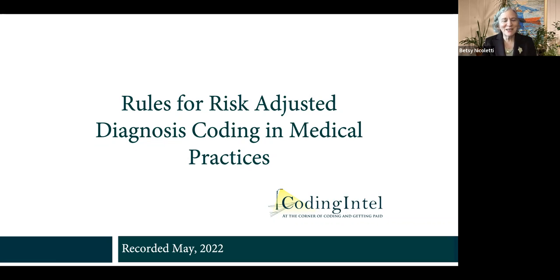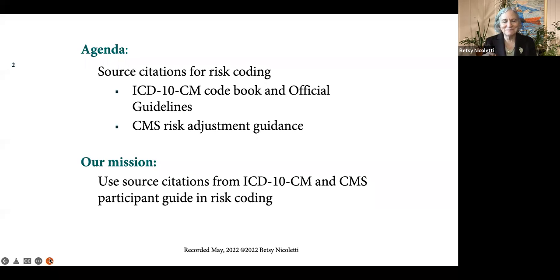Of course, the rules, which come from ICD-10 and CMS, are not that different from anything else. But when we're thinking about risk-adjusted coding, we want to make sure we're applying the ICD-10 guidelines and CMS guidance correctly.